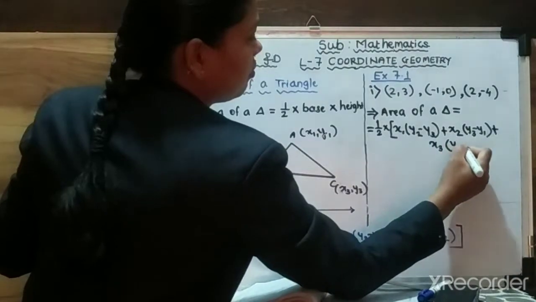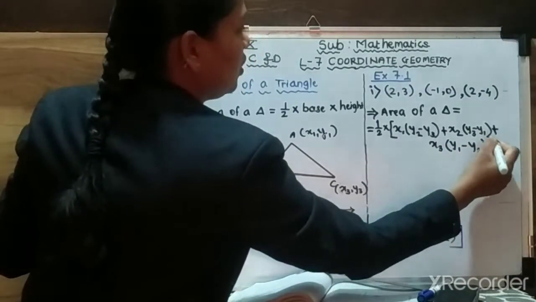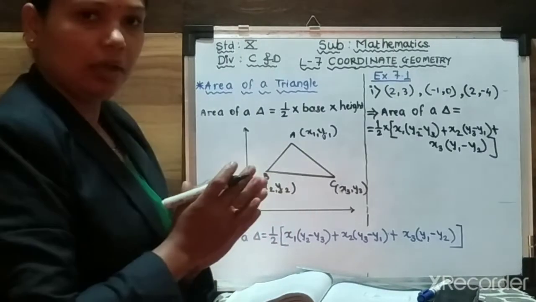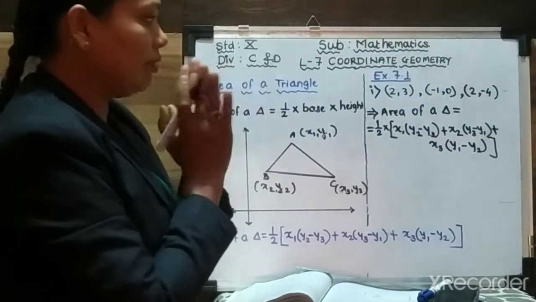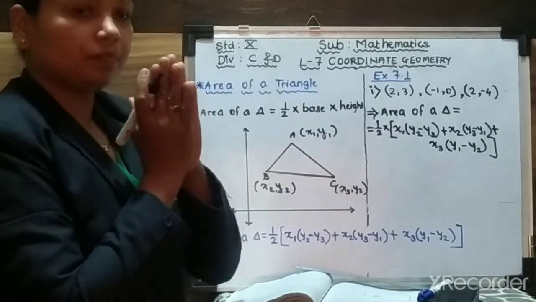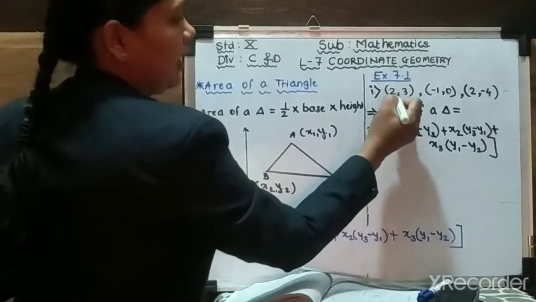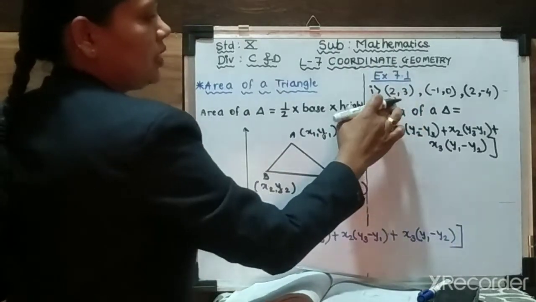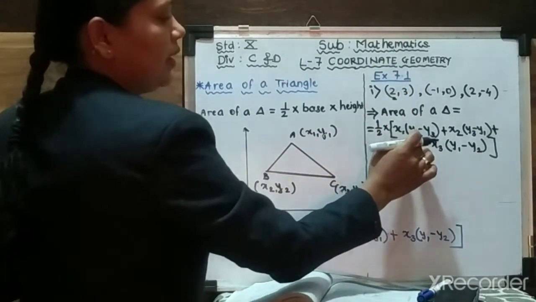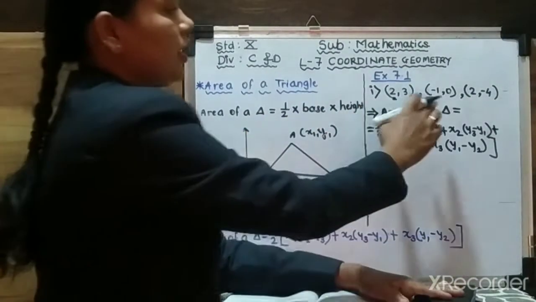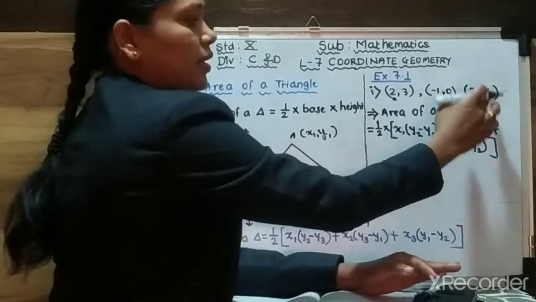y1 minus y2. Now for this we don't have to learn the formula. Just use this trick. When I am taking x1, it is multiplied with the difference of y coordinates. The y coordinate next to it is first y2 and then y3.